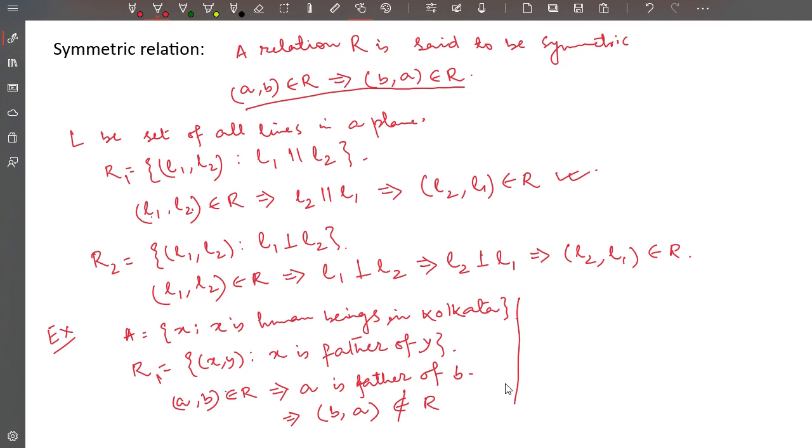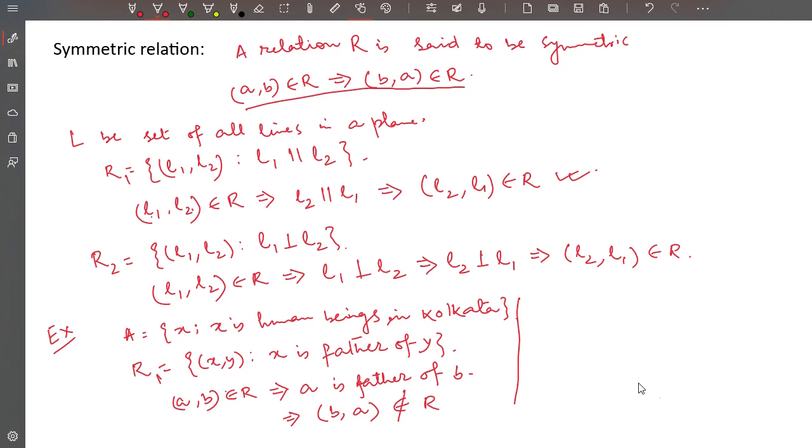Can you think of more such relations? X is father of Y, X is mother of Y, X is sister of Y, X is brother of Y. All these relations are not symmetric. Think why.